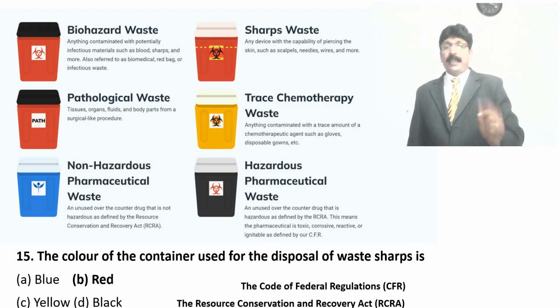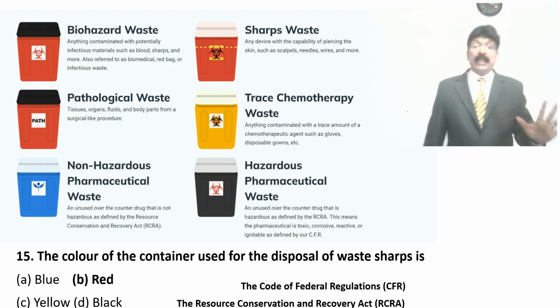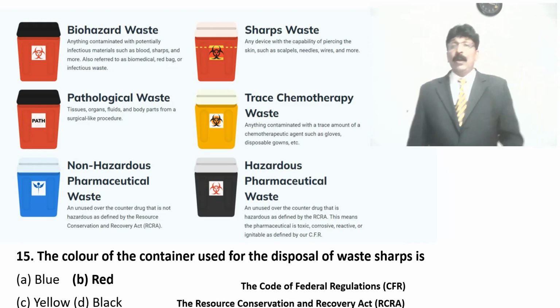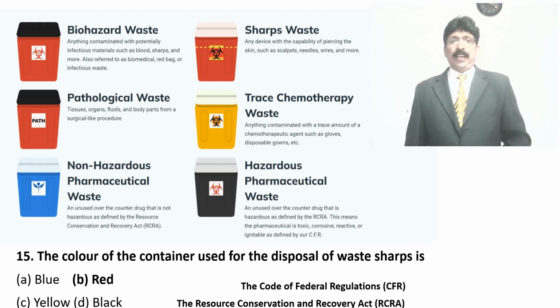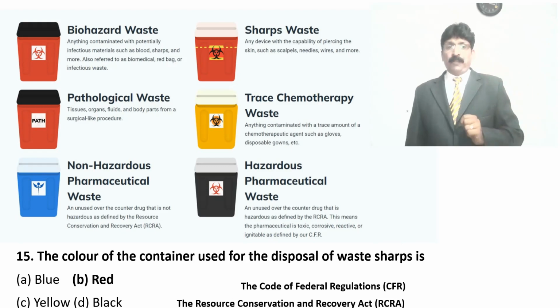The Resource Conservation and Recovery Act. According to that, anything that is non-hazardous pharmaceutical waste goes in a blue color box. And you can see black is also there, for hazardous pharmaceutical waste. What are they?